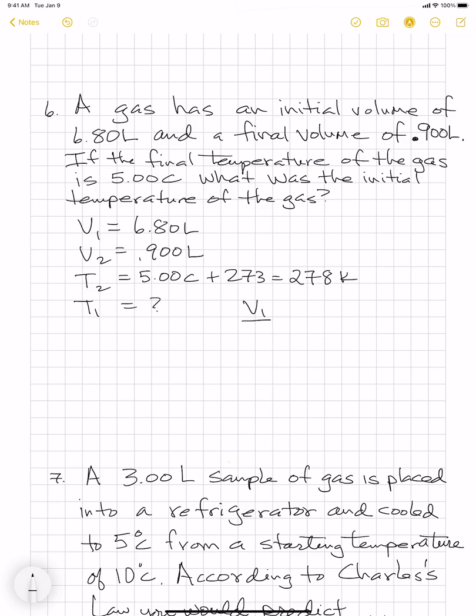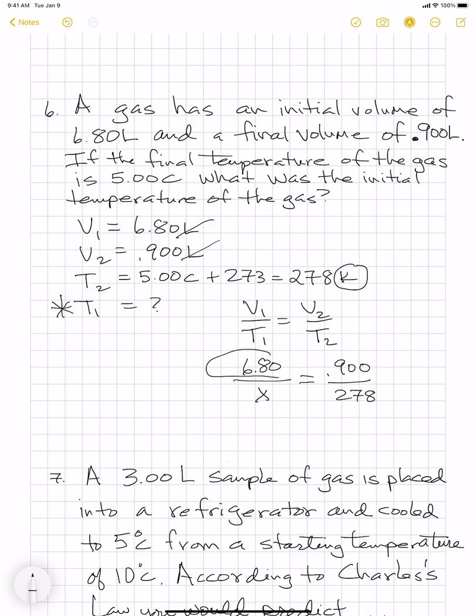Here we go. V1 over T1 is equal to V2 over T2. Let's look at the units. Liters is going to cancel with liters, leaving us with Kelvin, which is good because we have a temperature that we're solving for, and it will be in Kelvin. So let's plug in the numbers, and then we can solve this problem. So what we're going to have is 6.80 over x equals 0.900 over 278.